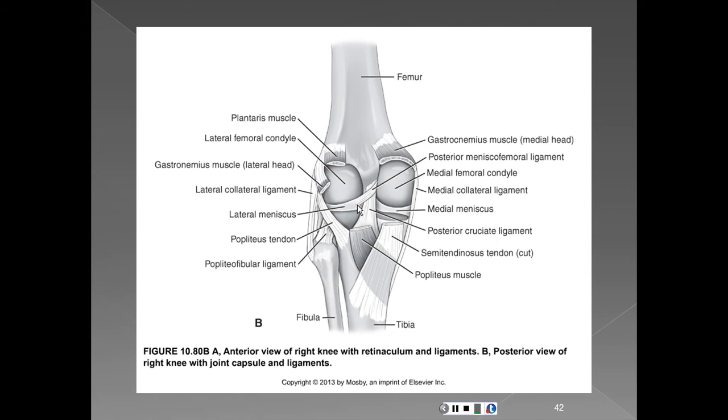So we're still looking at the knee in front, and we have a good picture of the semitendinosus tendon, the posterior cruciate ligament, the medial meniscus, lateral meniscus, the popliteus tendon that's curving right around laterally, that's going to insert into the femur.